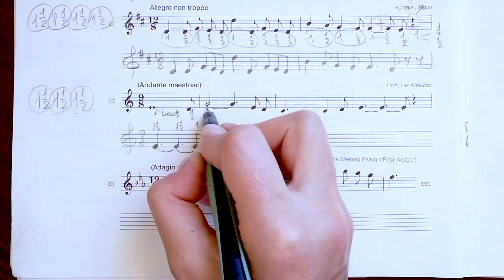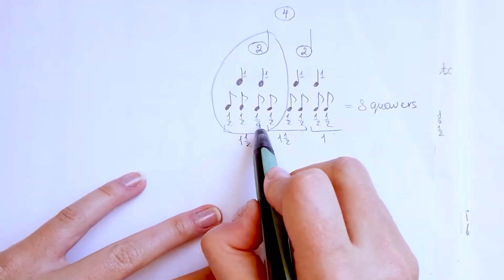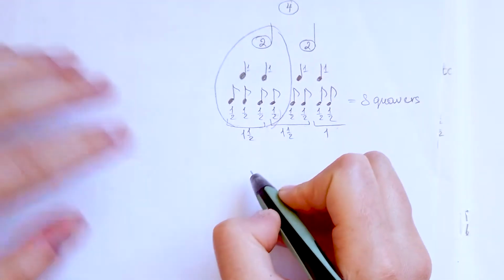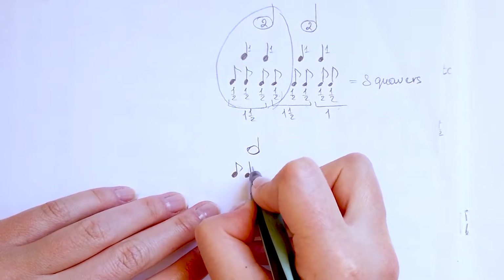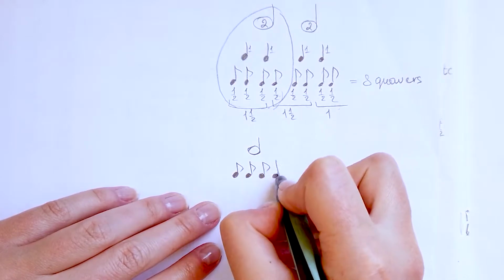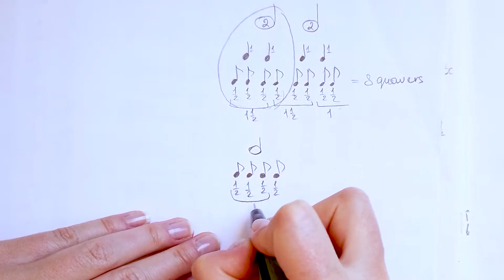Now we have the minim. So a minim is 4 quavers. So we have once 1.5 beats and a quaver. So let's write it. 4 quavers, where the first 3 make the 1.5 beats and a half is left.